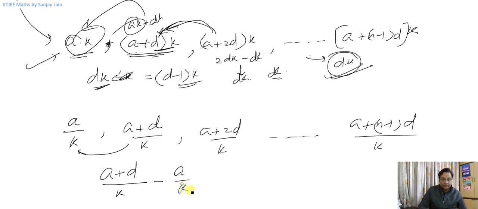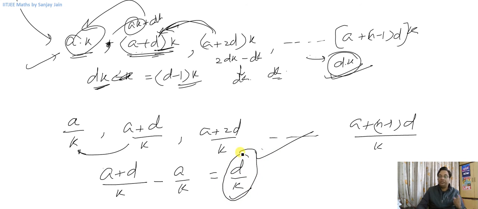When I do this subtraction, A by K will get cancelled and I'll have D by K, which is a constant. Hence this resulting sequence is an arithmetic progression, but the common difference is D by K. So if I divide each term of an AP by a non-zero constant K, the resulting sequence will also be an AP with common difference D by K.